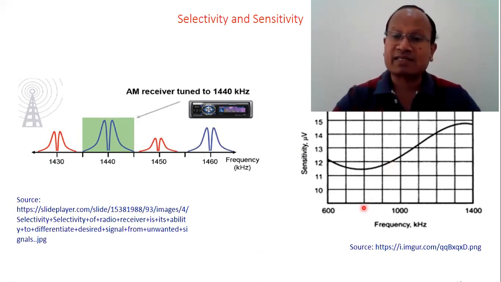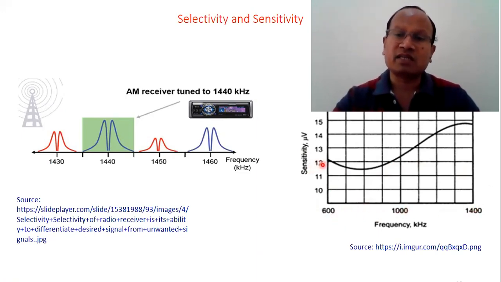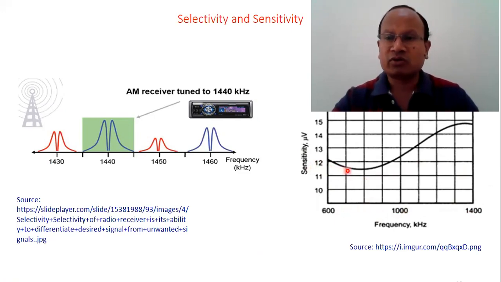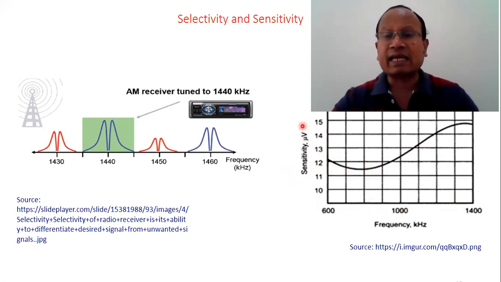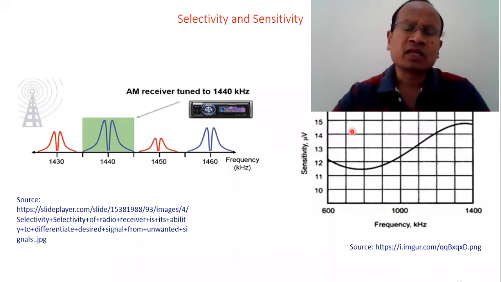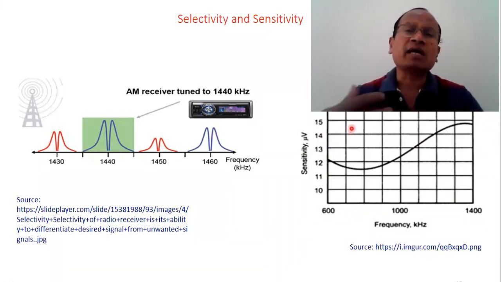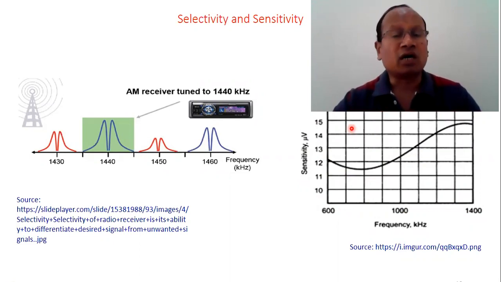On the x-axis is frequency, and as you can see there are low frequencies 600, 1000 and 1400 kilohertz, and the amplitude is slightly increasing. So the voltage in microvolt is improving as we go from low frequency. We can say sensitivity is defined as microvolt or millivolt per unit frequency, microvolt or millivolt per kilohertz.